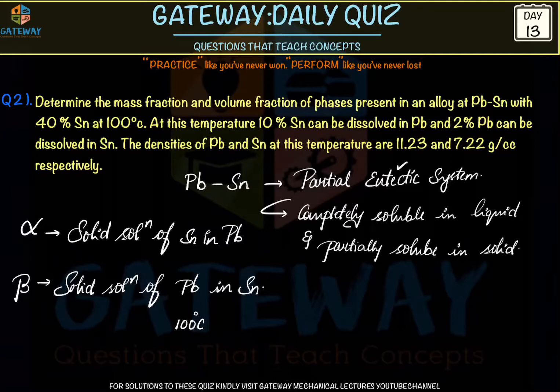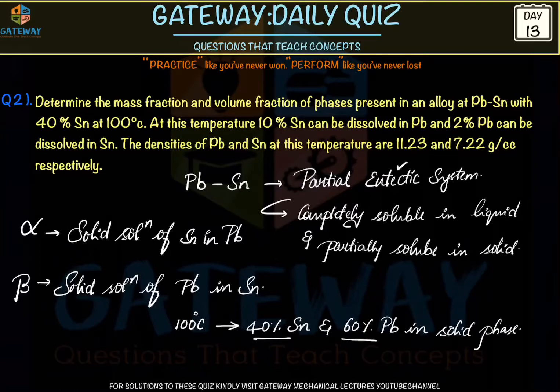But for our given question, our condition is 100 degrees centigrade, and at 100 degrees centigrade, when they analyzed the solid solution mixture, they found that it has 40% of Sn and 60% of Pb. If it is 40% Sn, then obviously it will be 60% Pb in solid phase.